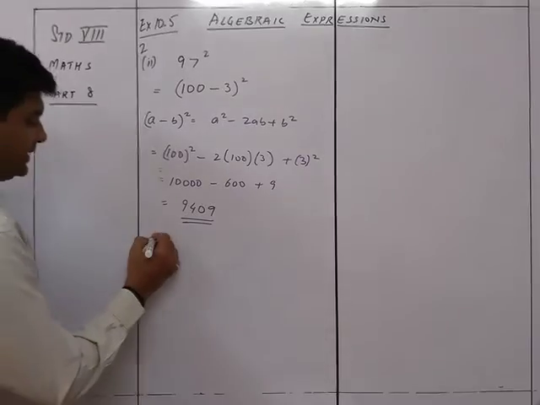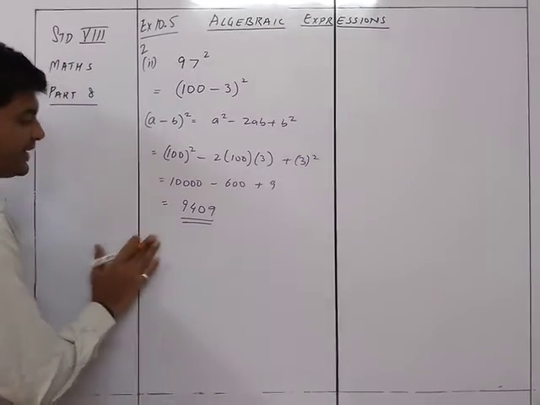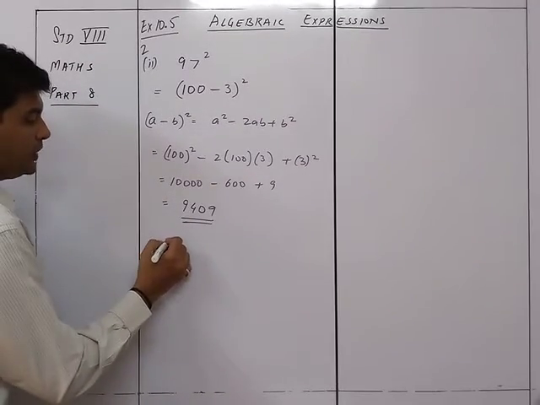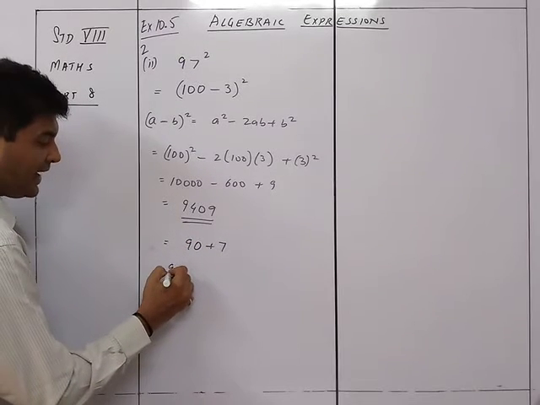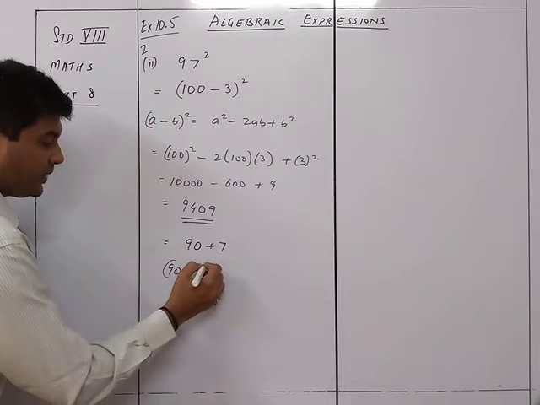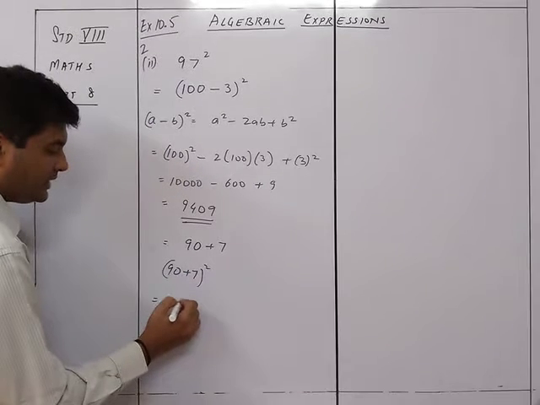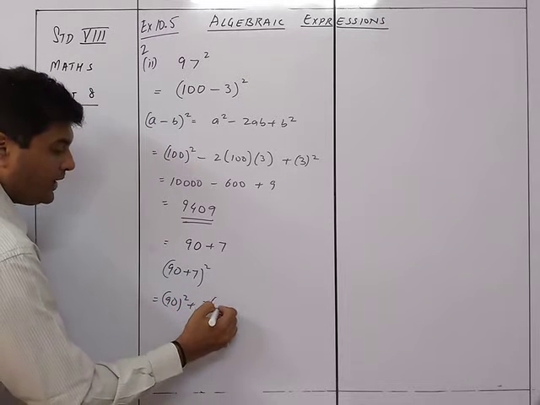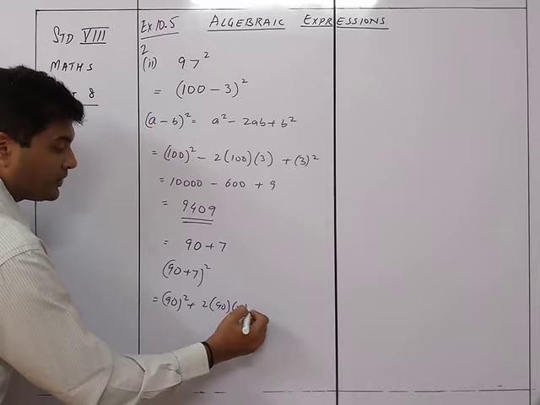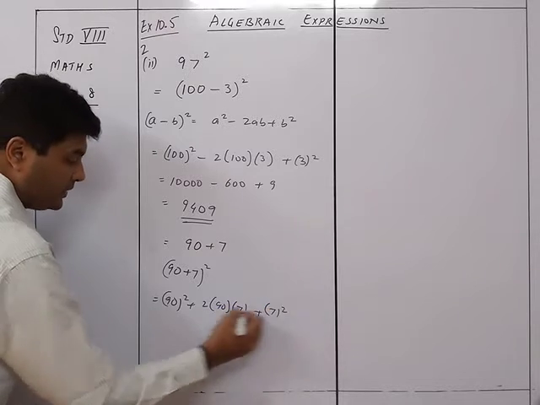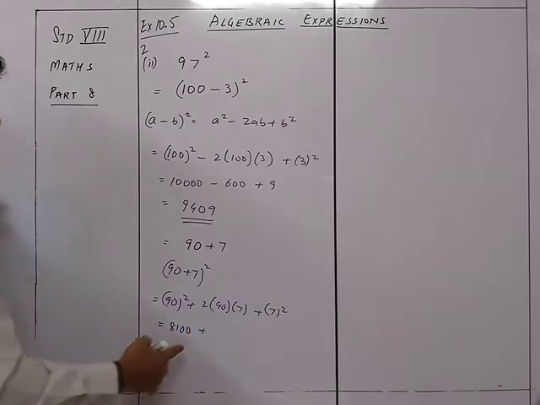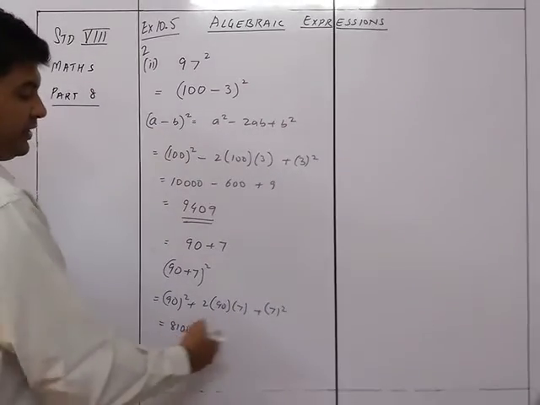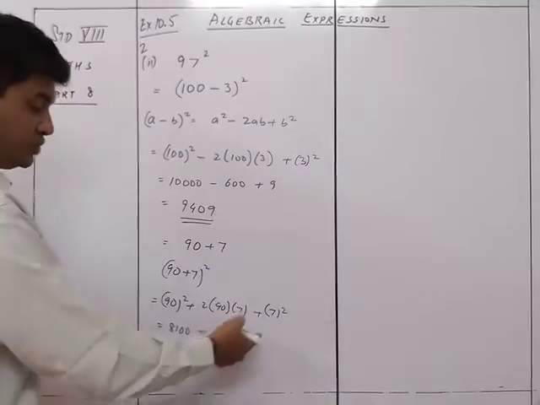Now, even if you had taken it the other way around, here I'll show you once again, it is a plus b. So if I make it like this, it could be equal to 90 plus 7. So that will be 90 plus 7 the whole square. So it will be 90 the whole square plus 2 into 90 into 7 plus 7 the whole square. So that will be 8100 plus, so this you can see, you can have more multiplications and things to be done.